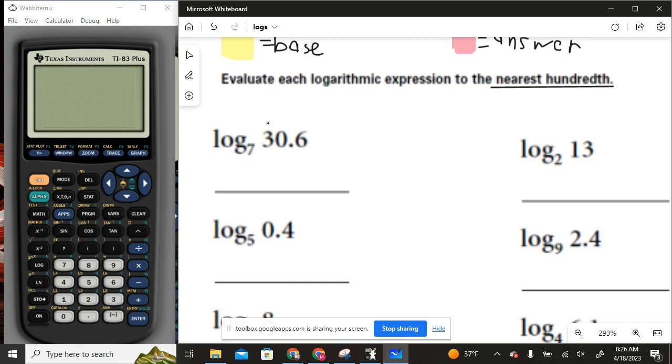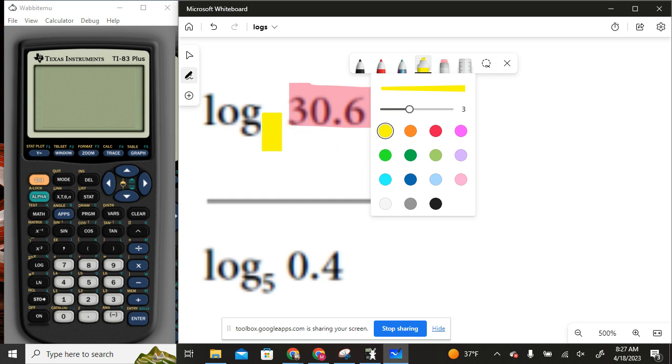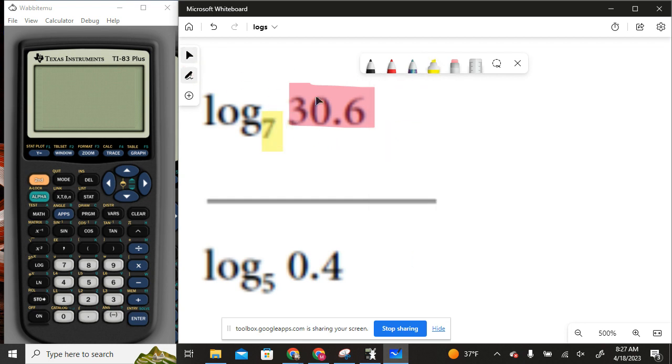All right. First step, we're going to acknowledge what's what. So first off, 30.6, that's our answer. 7, that's our base. So let's rewrite this equation and then start solving things. Okay. So we got 7 to some power equals 30.6.